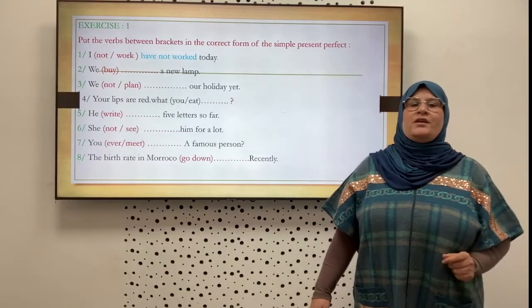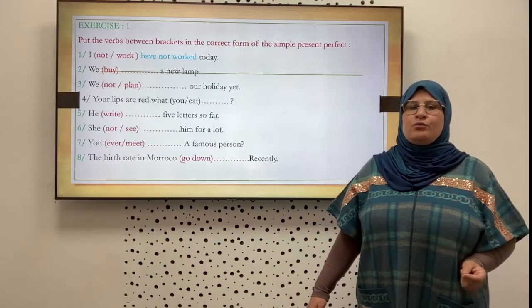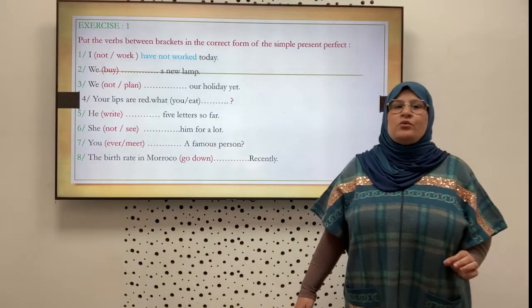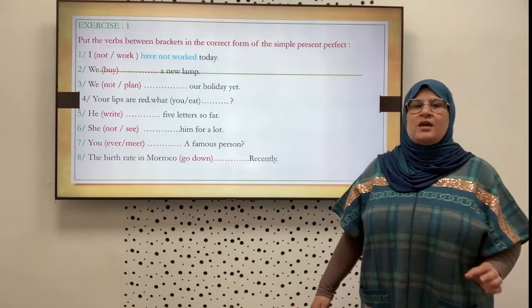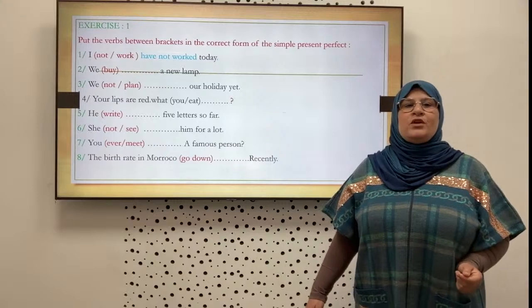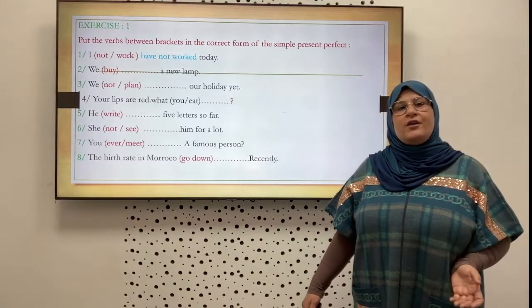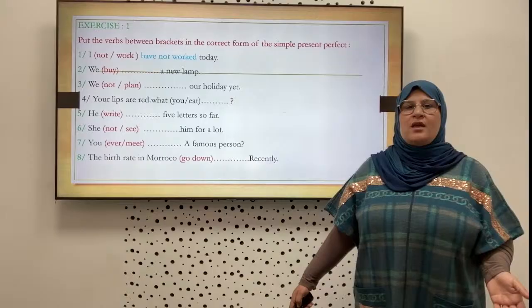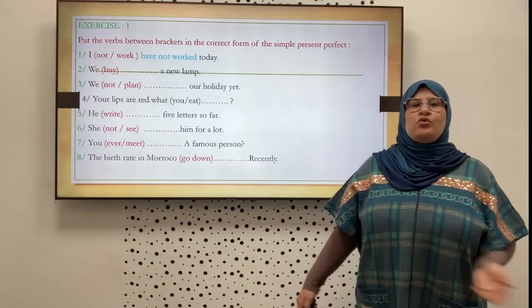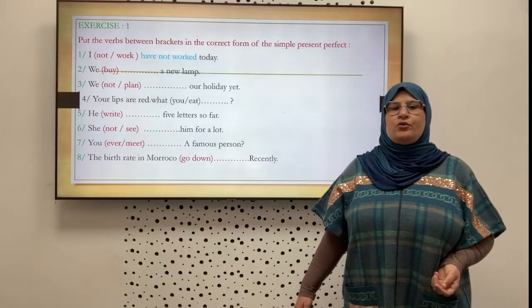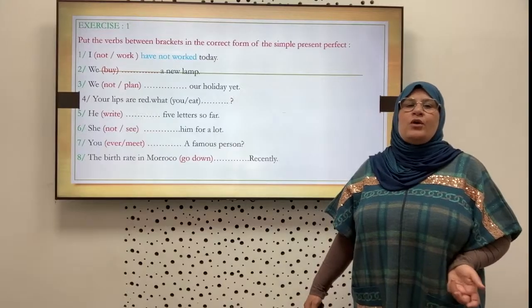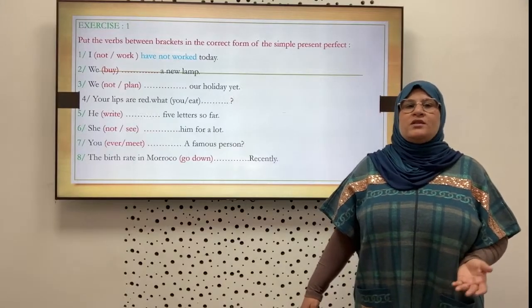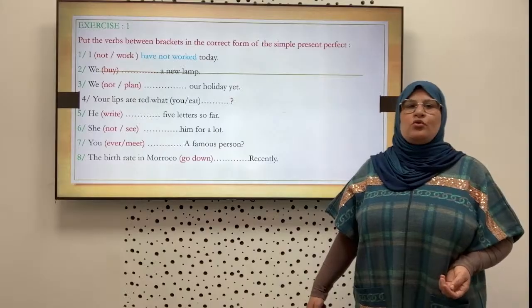But I would just like to add an important piece of information: when we specify the time when the activity happened, we usually use the past simple. So we can say that we have bought a new lamp. We don't know when this happened, but the activity is already done. Number 3, we (not plan) our holiday yet. Also, it's a negative form, meaning haven't or hasn't.